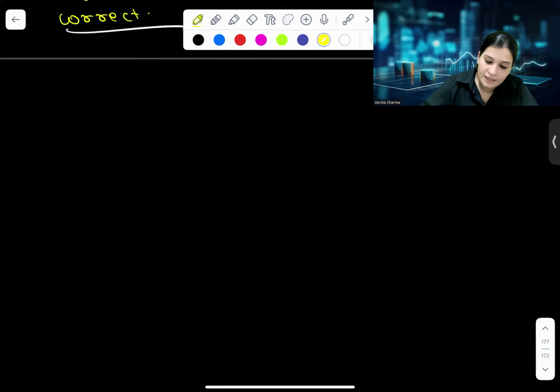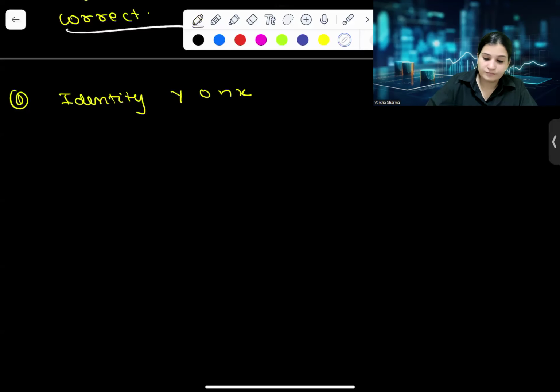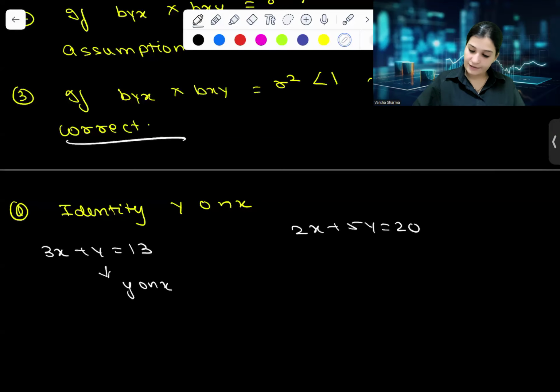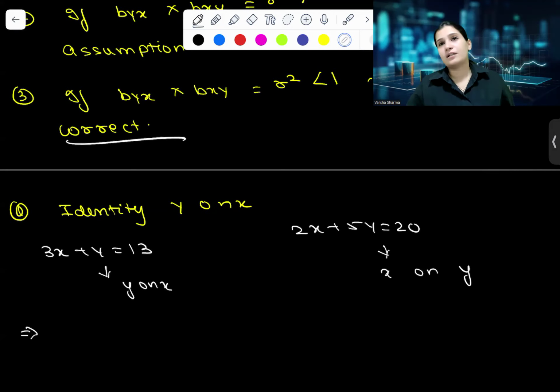Question. Again, identify y on x. First equation is 3x plus y equal 13. Second is 2x plus 5y equal 20. Again, we will assume let this be y on x and this be x on y. So in the first one, we are going to isolate which variable?